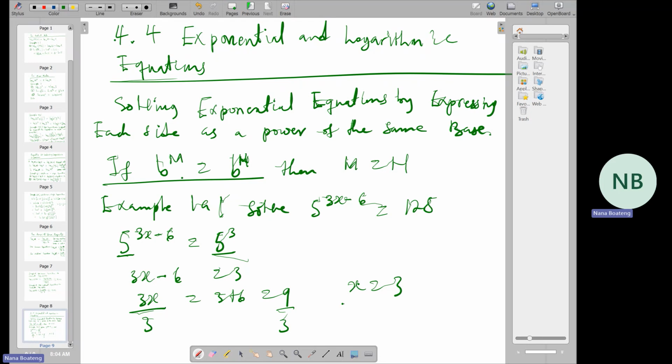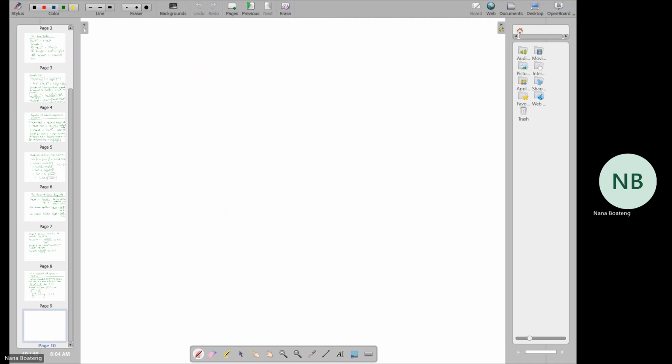And let's look at another example. This will be example 1b, and it says 8 to the power x plus 2 equals 4 to the power x minus 3.